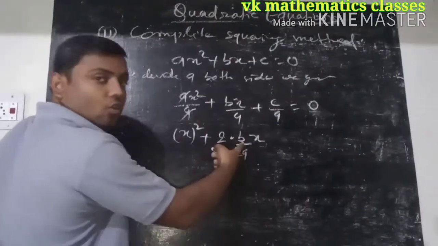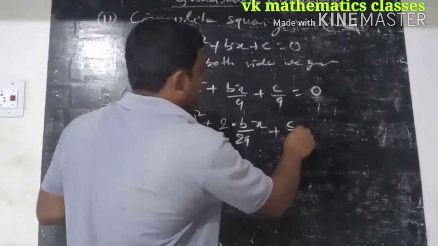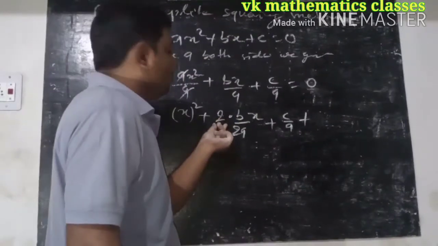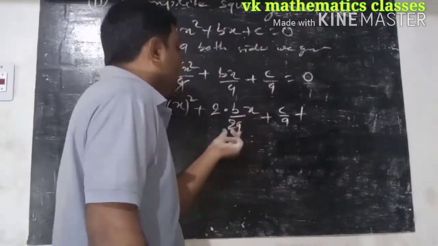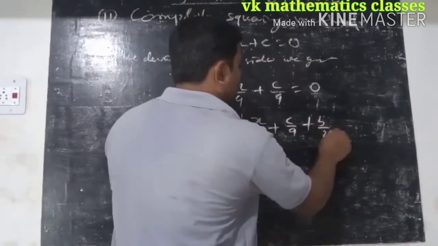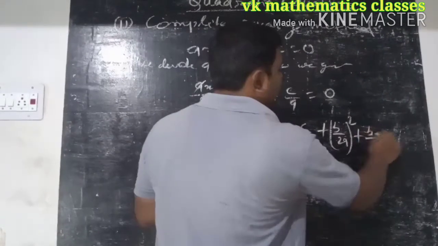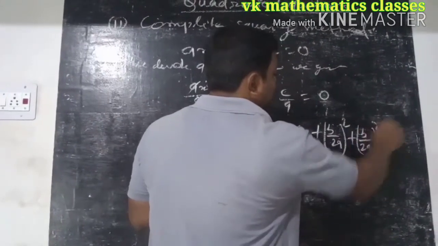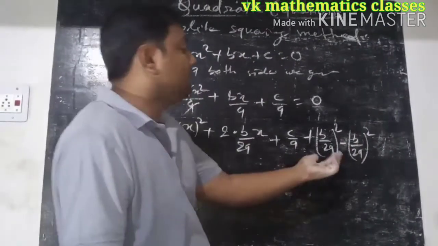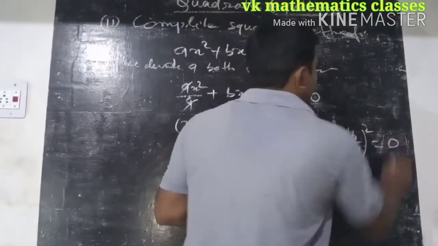We multiply and divide by 2, plus c by a, plus b by 2a whole square is added and b by 2a whole square is subtracted. There is no change because both terms are the same, so they cancel here, equal to 0.